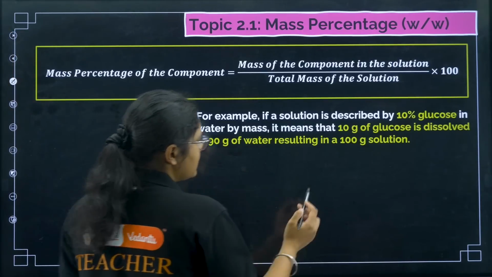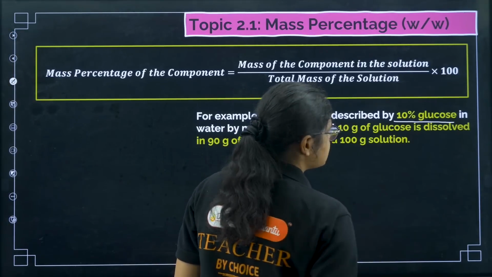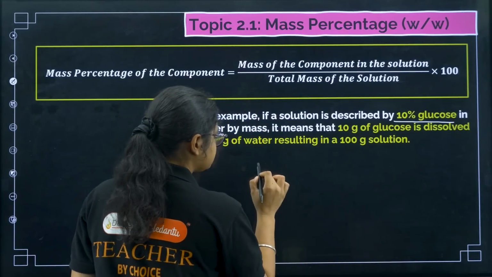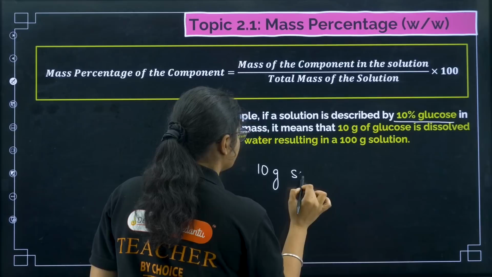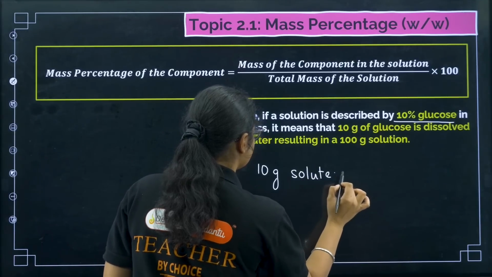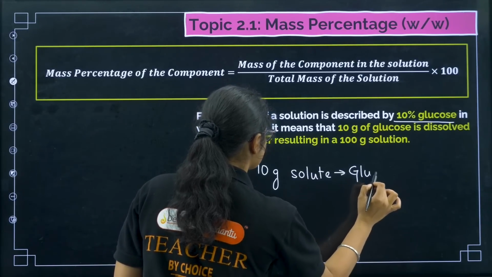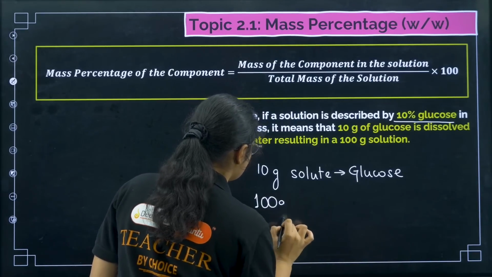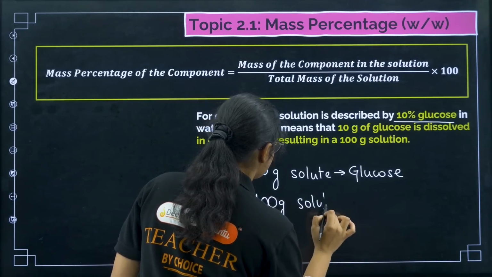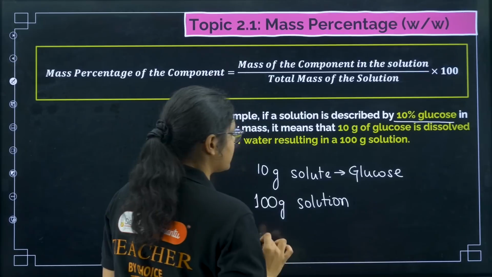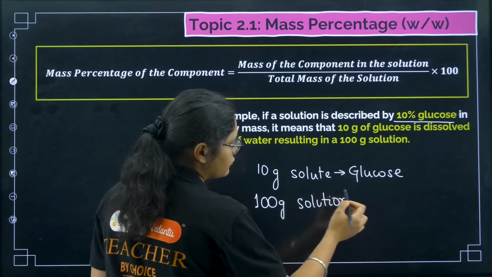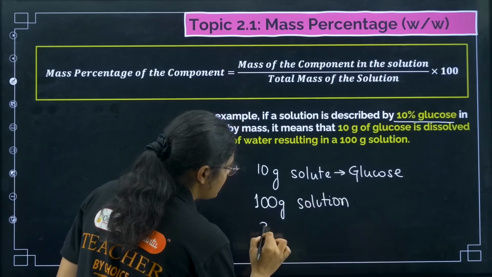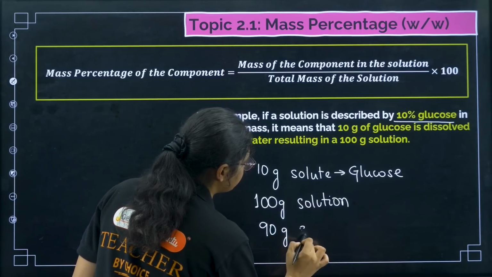Now for example, 10% glucose is mentioned. That means 10 gram is solute, and here the solute is glucose. Now 100 gram is solution. So 10 gram of solute or 10 gram of glucose, then 100 gram of solution, then what do I have? 90 gram of solvent.